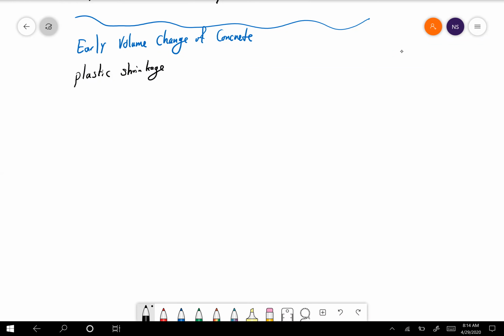That's when your concrete starts to shrink because of evaporation, and you will see tiny cracks on the surface of the concrete. It's usually around 1% shrinkage from evaporation. That causes cracking, right?